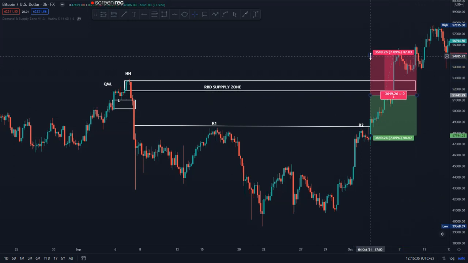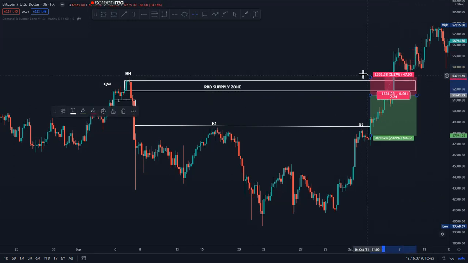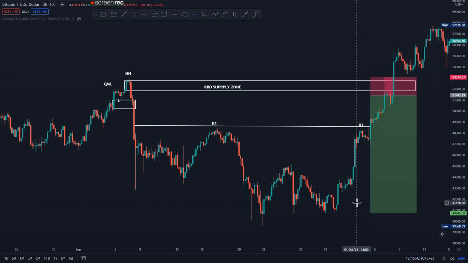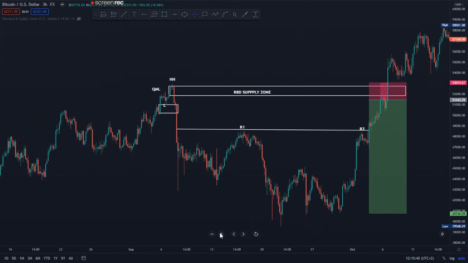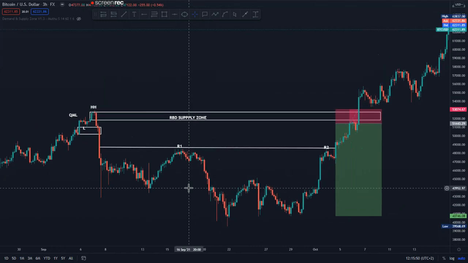My plan was to sell once I have my confirmation here, and my target was going to be below here. Looks very perfect. This is a 6 to 1. This is a perfect setup, and I was looking forward to trading it.